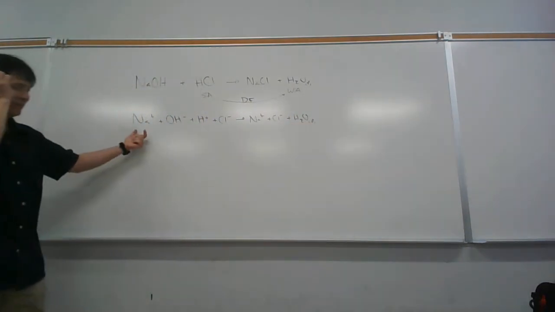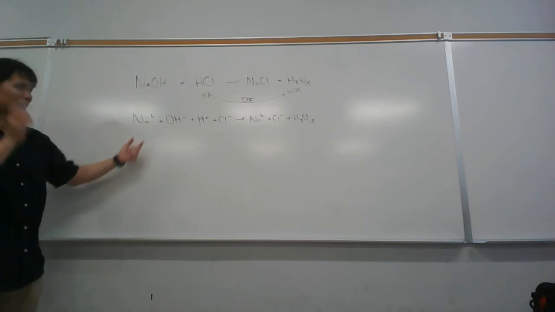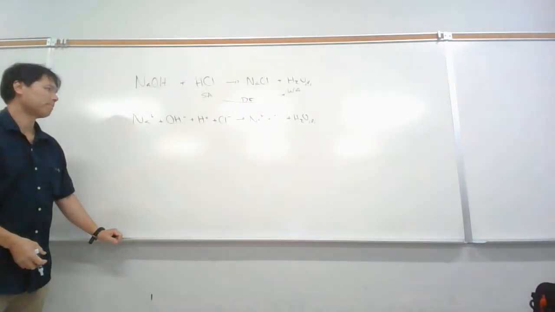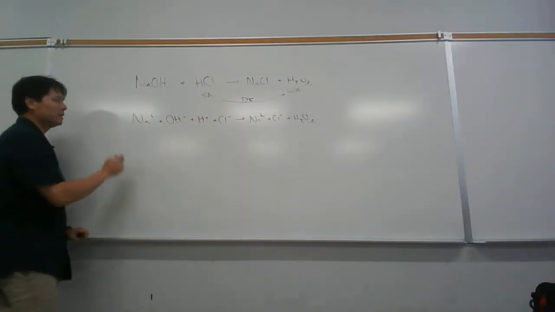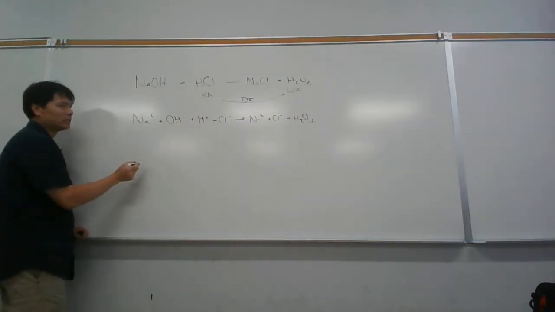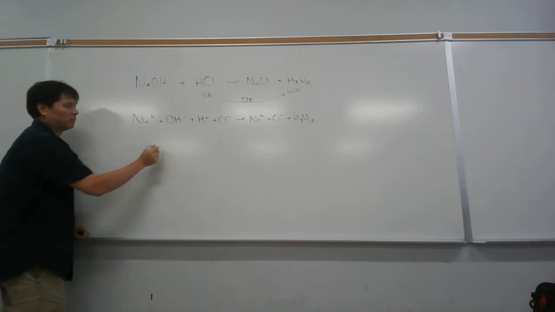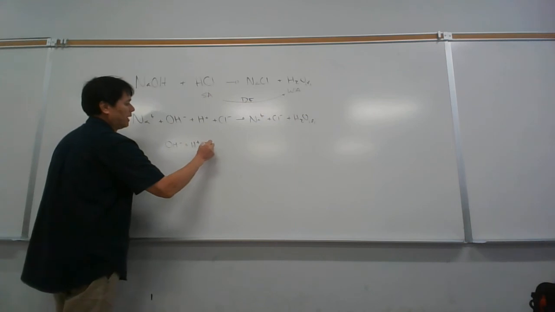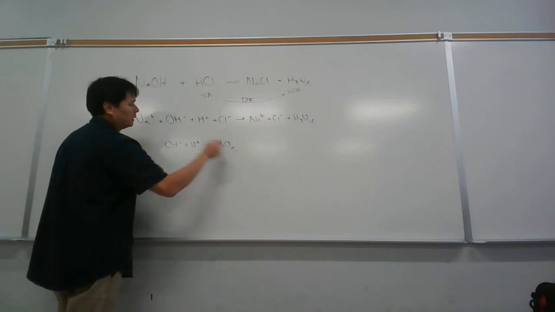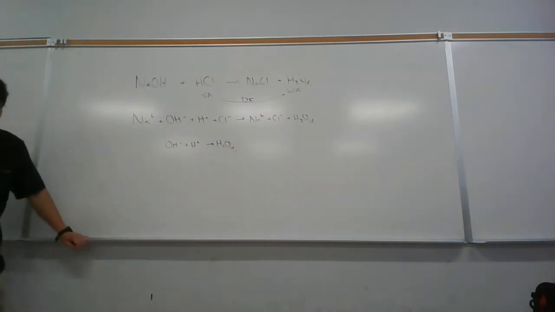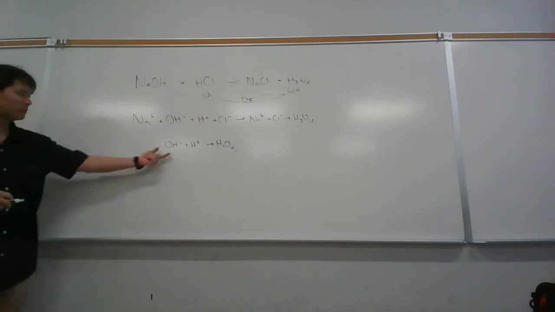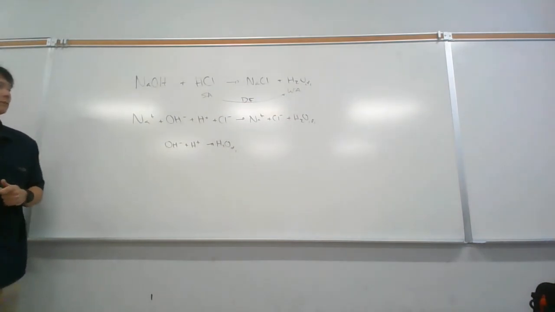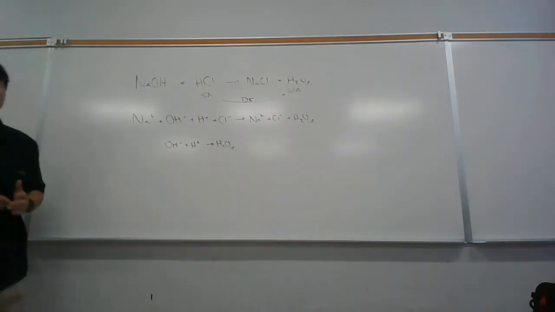This just saved us a whole lot of aq's; if we had to write aq for each of these, it's kind of cumbersome. And what did you get as the net ionic equation? OH- plus H+ yields H2O liquid. This is the classic acid-base neutralization. Here's our base, hydroxide, here's our acid, H+. But this is a double replacement reaction.